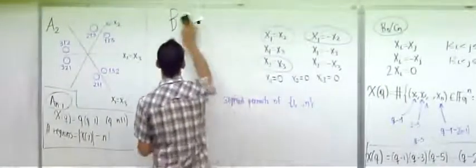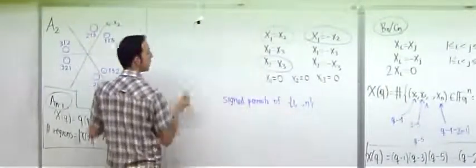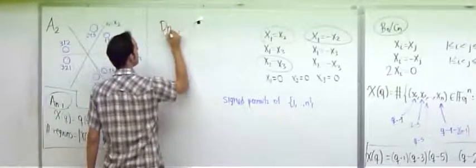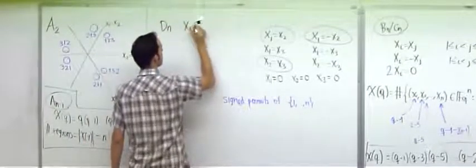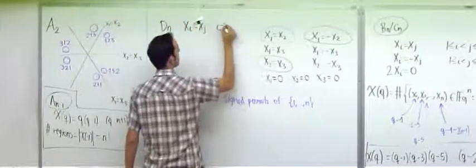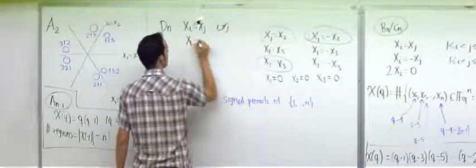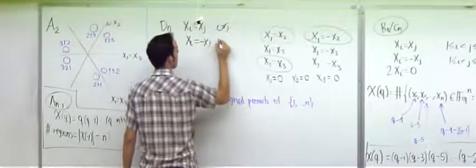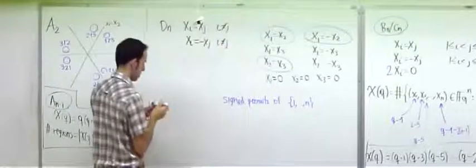Finally, so we did A_{n-1}, we did Bn and Cn, now let's do Dn. So Dn has equations xi equals xj for i different from j, and xi equals minus xj for i different from j. Okay.